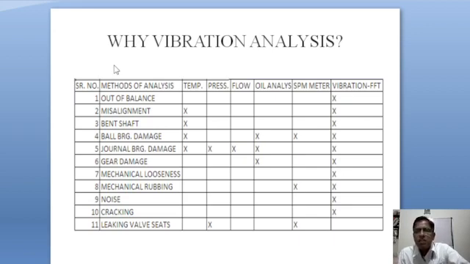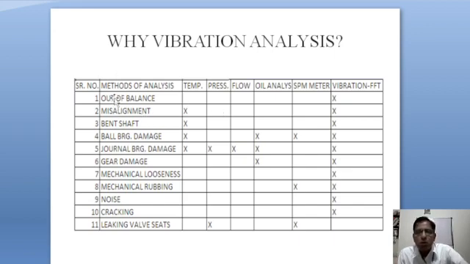Why vibration analysis is a more popular and comprehensive technique is illustrated by this table. In the column we can see a total of 11 machine faults listed, and in the top horizontal line the various CBM techniques are listed.